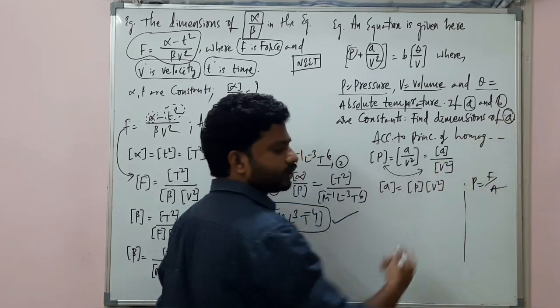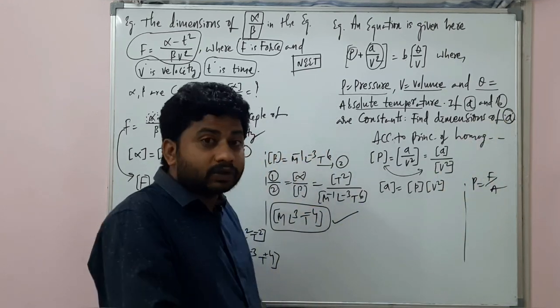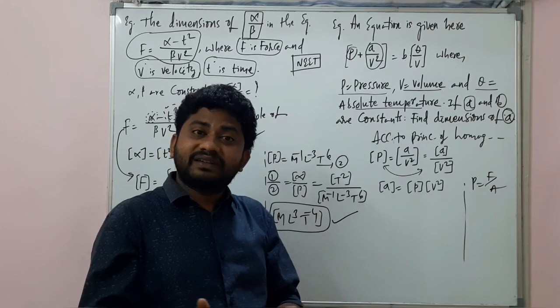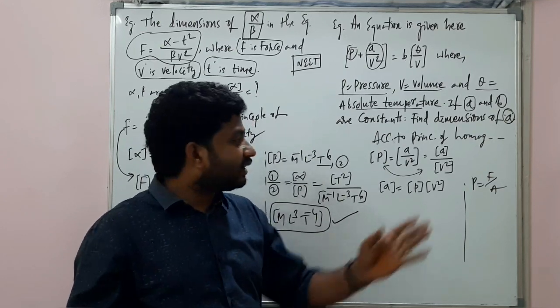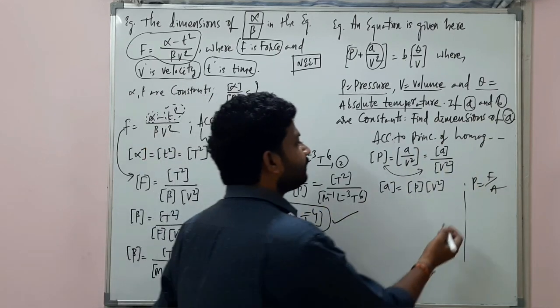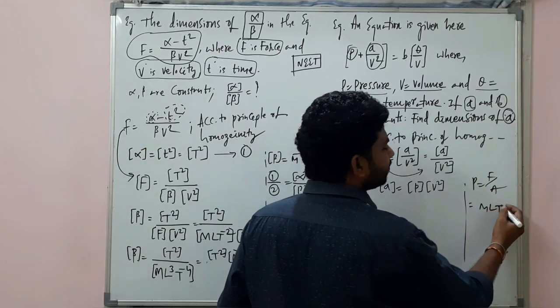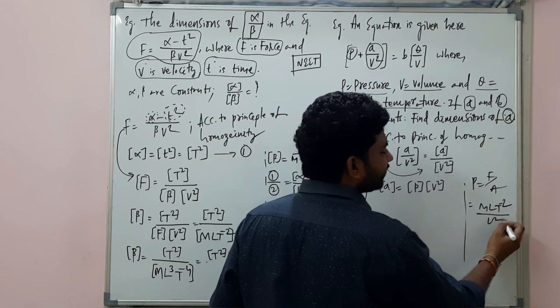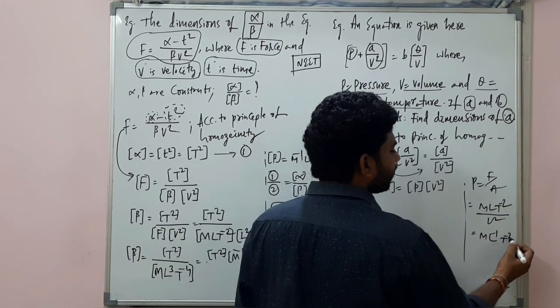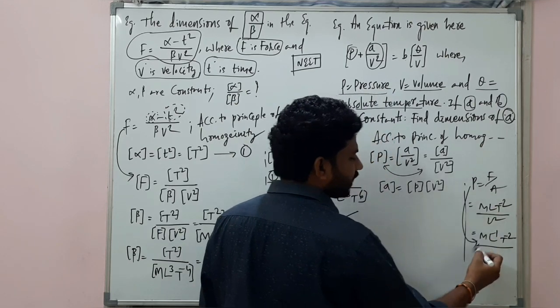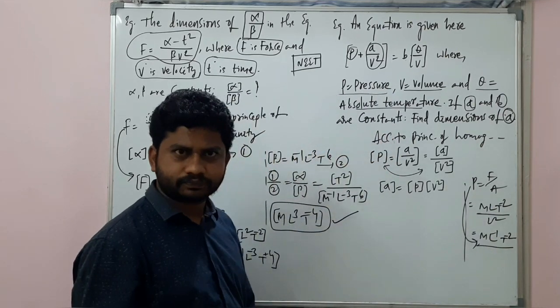Understand, pressure is force per unit area. Because I could not remember the dimensions of the pressure directly, in this case we can write pressure is force per unit area, where force is mLT minus 2 and area is L square. So this is mL minus 1 T minus 2. That's the dimensional formula of the pressure.